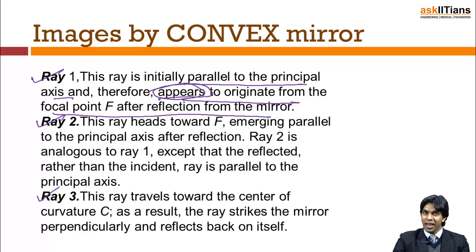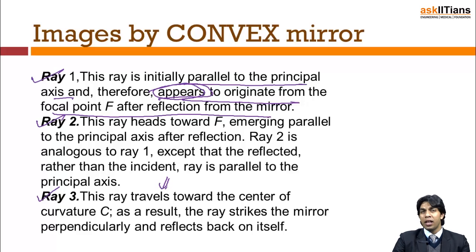It's not in reality, but it seems it exists over there. Same goes for the other part, that is a ray heading towards F emerges parallel to the principal axis after reflection. The third one, this ray travels towards the center of curvature. As a result, the ray strikes the mirror perpendicularly and reflects back.